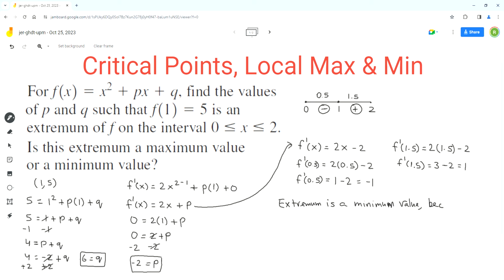Because f'(x) changes from negative to positive value from left to right.